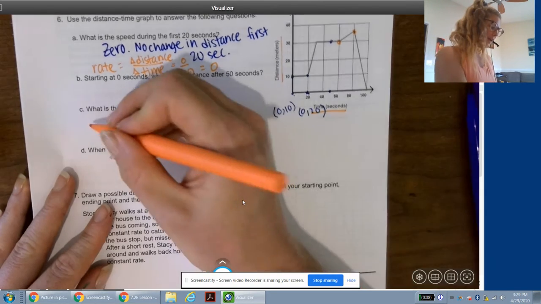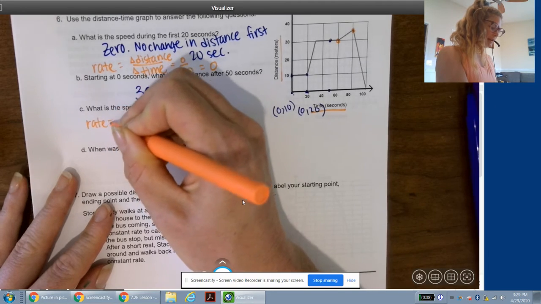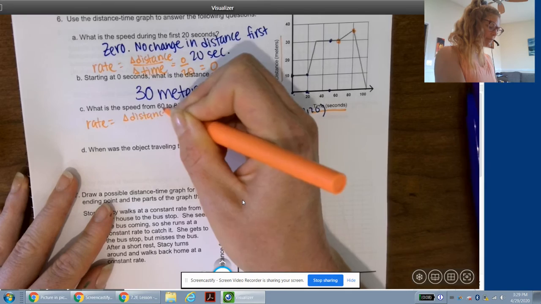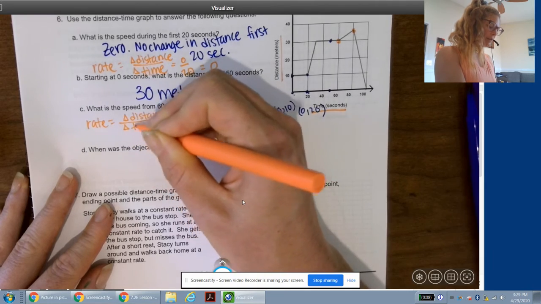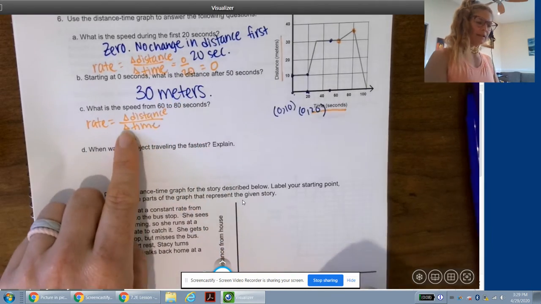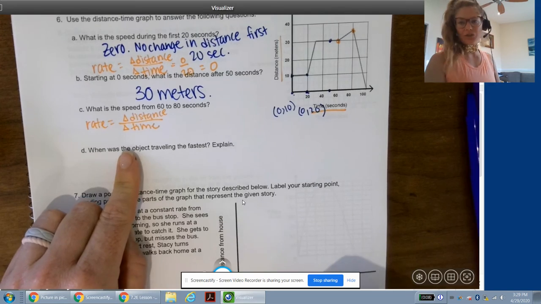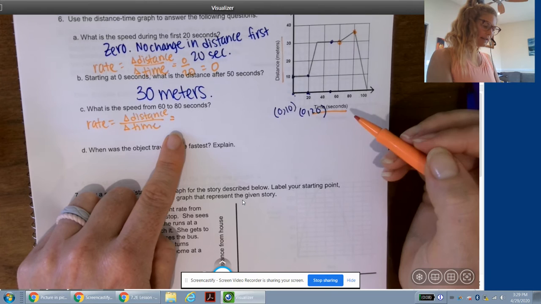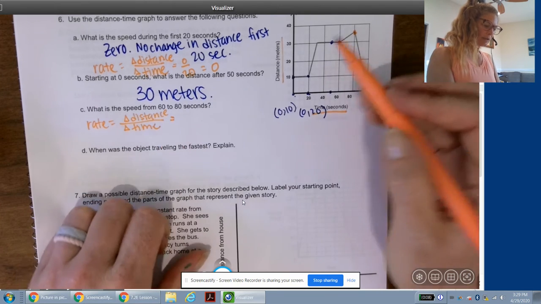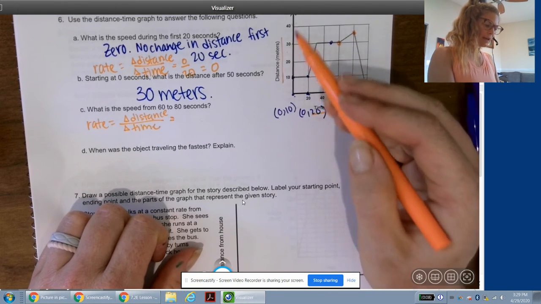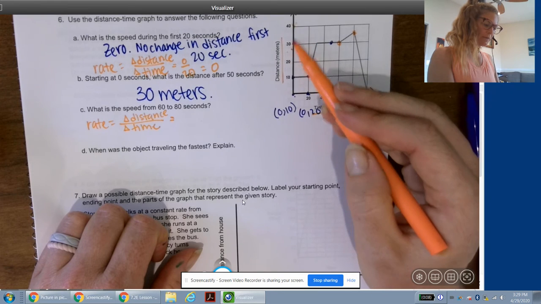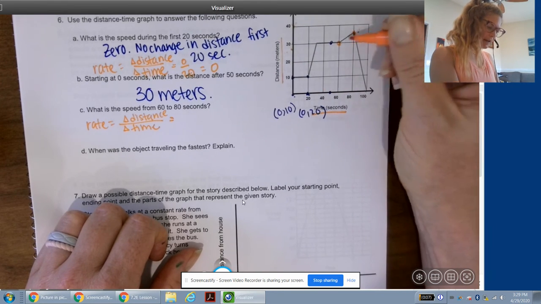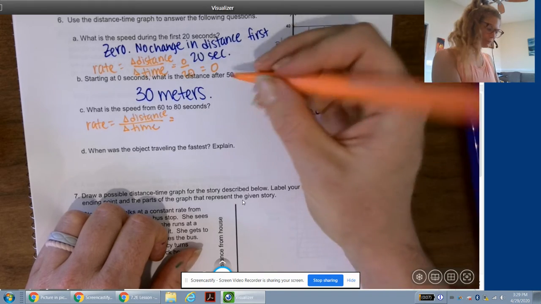So remember, rate is change in distance over change in time. We're using the delta symbol that looks like a little triangle for change in, just like we did with our slope formula. And our distance looks like we have 40 and 30. So I'm going to go, oh, it looks like this is 35, sorry. 35 and 30.